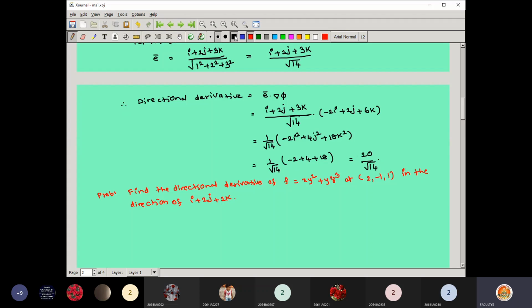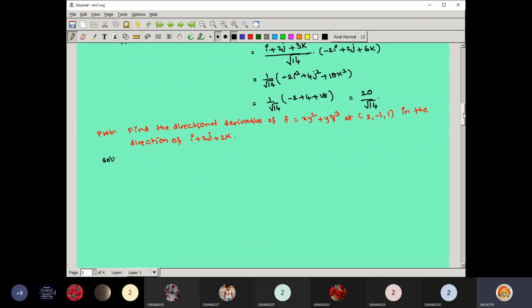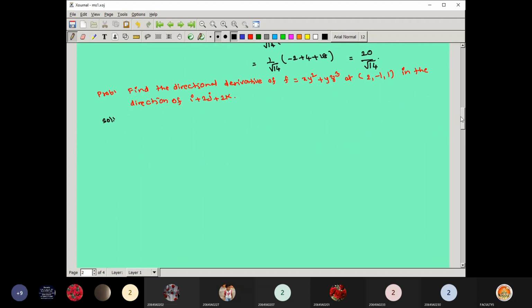Make it fast. You are calculating the gradient of f, not for phi. Tell me what the answer is.